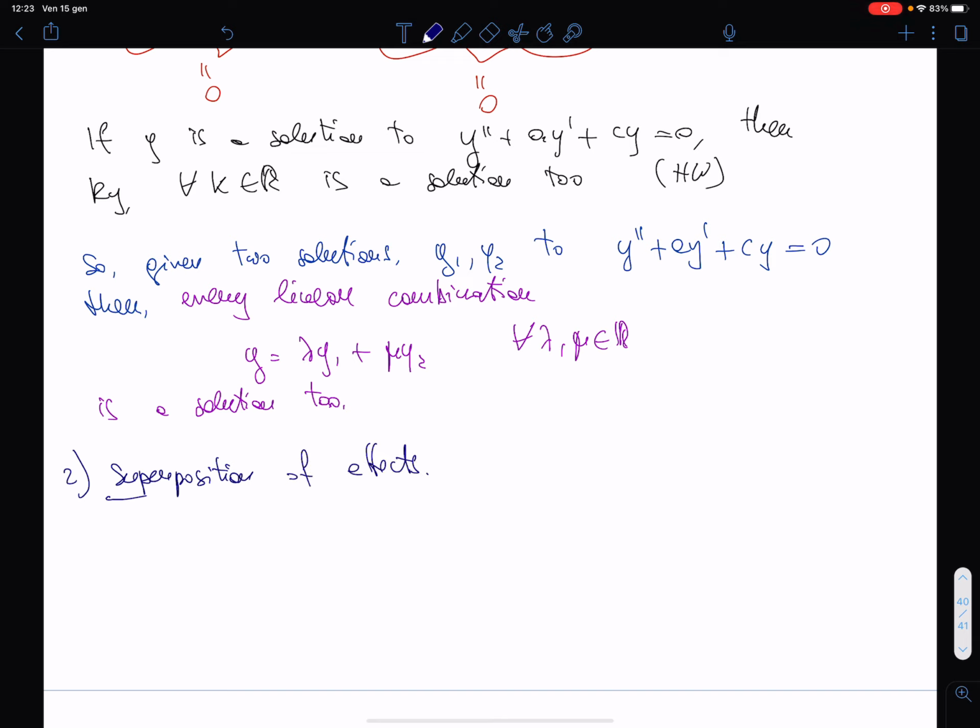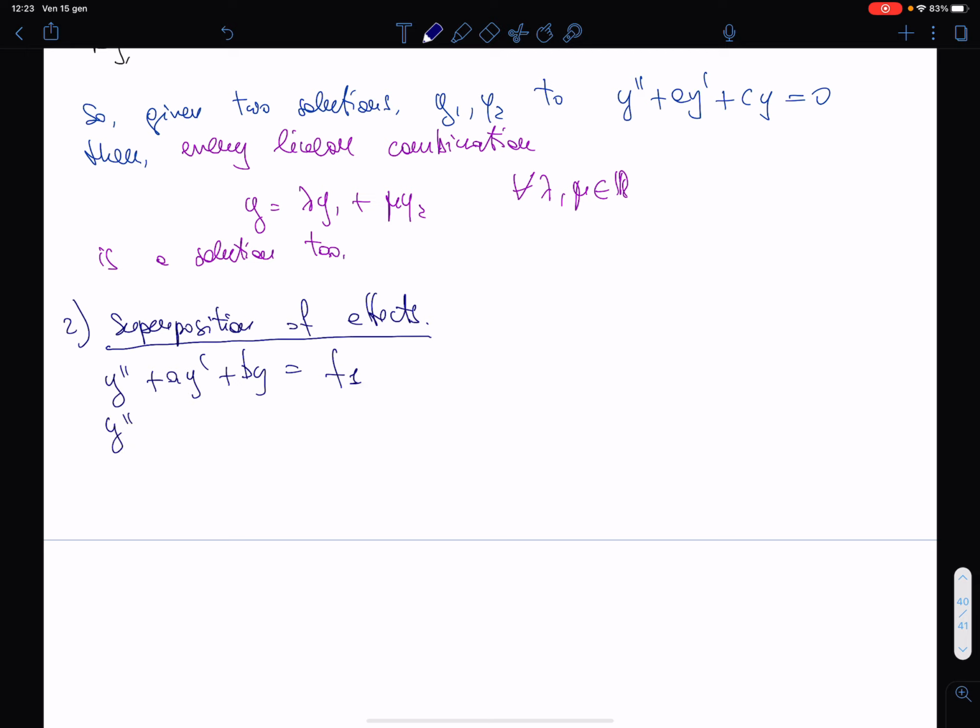You have these two equations, y second plus a y prime plus b y is equal to f1, and y second plus a y prime plus b y is equal to f2. This is equation 1, this is equation 2, and f1, f2, a, b can be functions of t. They can be constant or not in time.